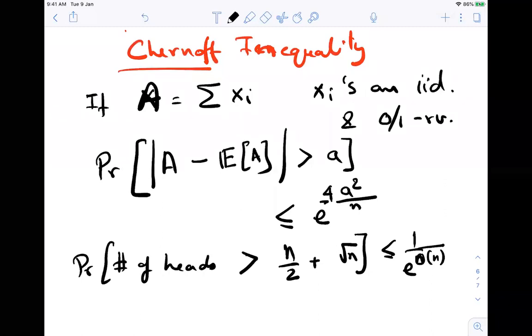And similarly, the probability that you are getting less than 5,000 minus 100, whatever that number is, that many heads is also very low.